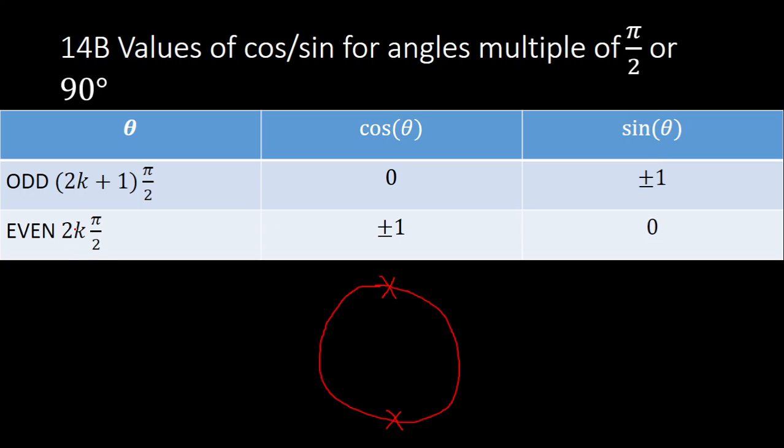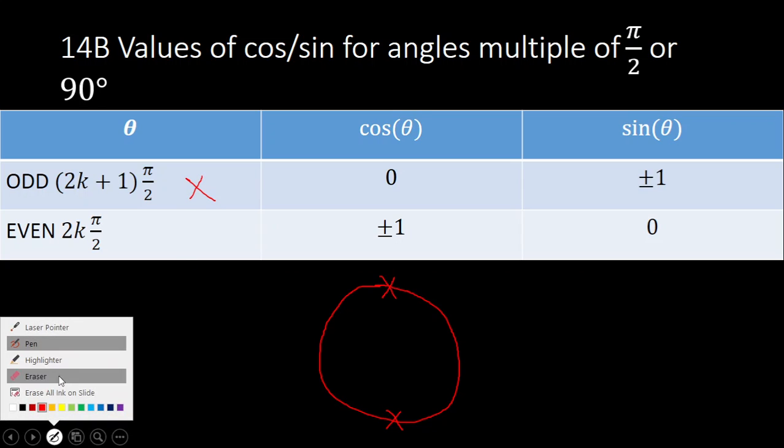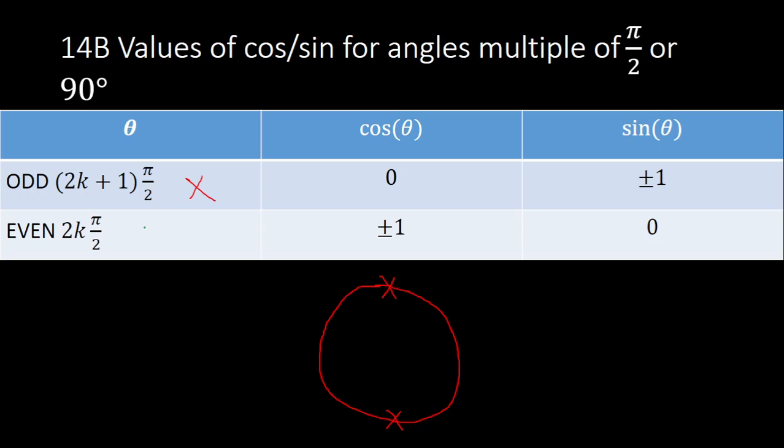Now if your multiple is even, let me pick a different color, let's say green. So even, 0 is even, so it's going to be 0, 2, 4, 6.